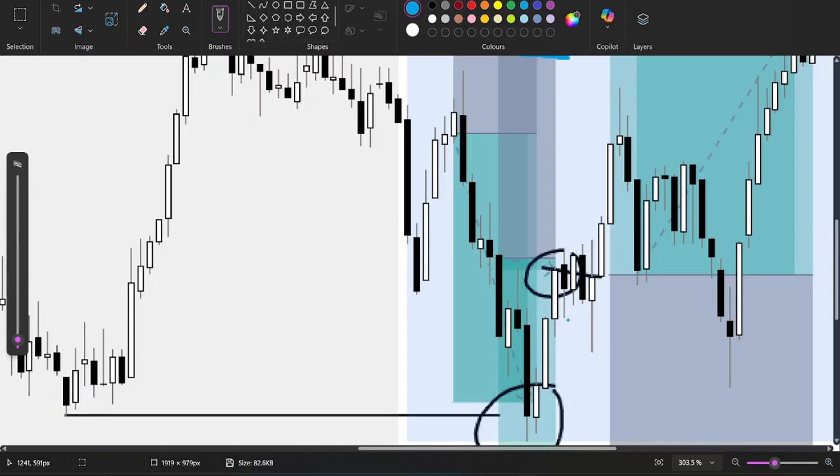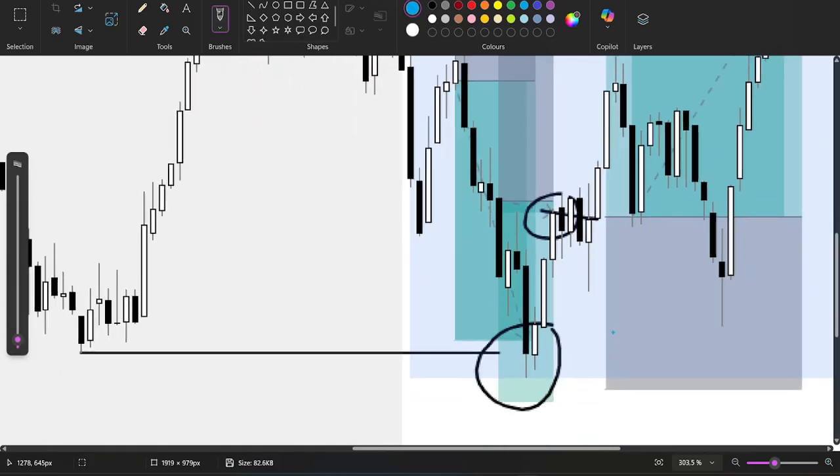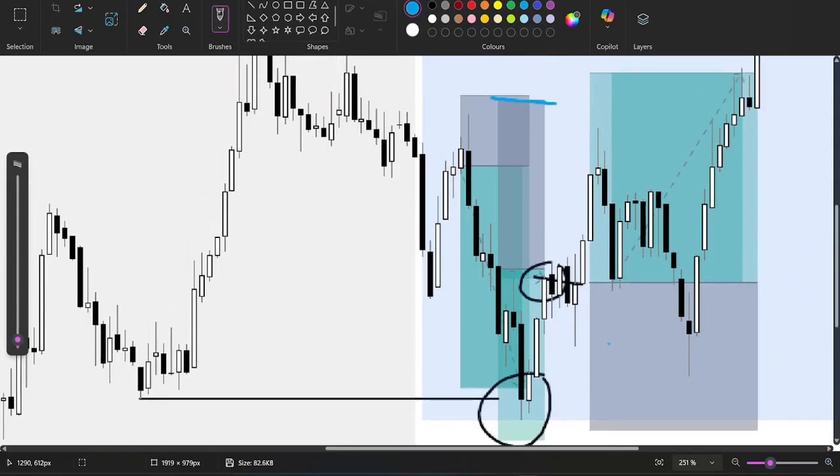What I did do, however, with position 1 and position 2, was trail them to this level, as denoted by the black line here. I trailed it because I actually thought, you know what, all my rules and all my reading of price, this time I'm wrong, which is quite silly.